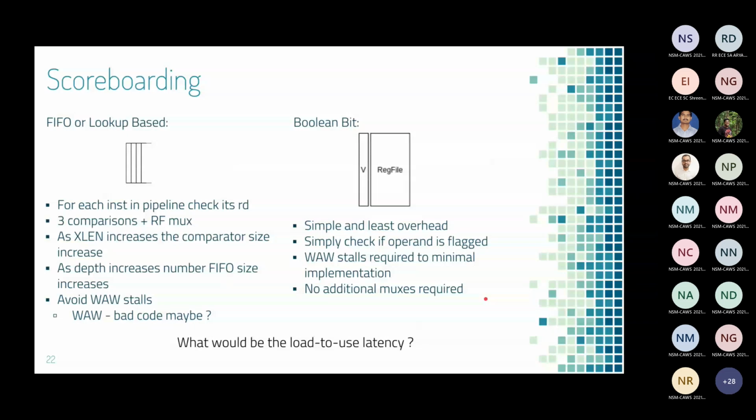There are two mechanisms to implement scoreboarding. You can have, for each instruction in the pipeline, check its RD, right? So if you're in the execute stage and you have 2 more stages ahead of you, you need to check both of those stages, whether any of the instructions present there have an RD equivalent to your operand. That is one mechanism, so you need to do this 5-bit comparison.